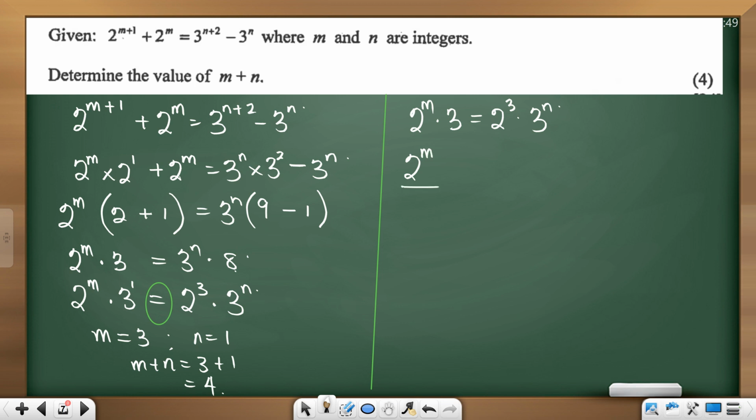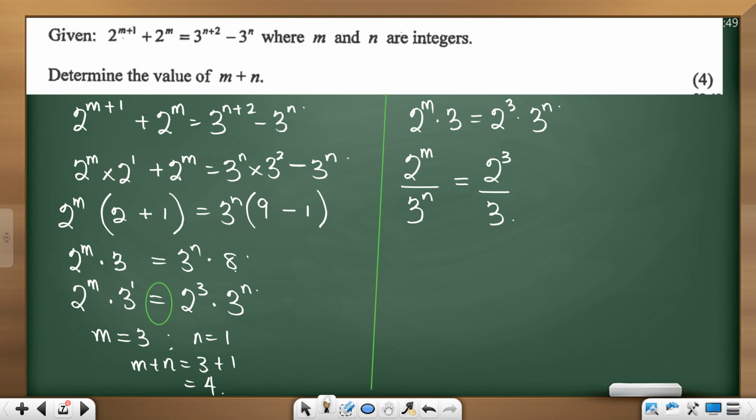Let us divide by 3 to the power n. 2 to the power m over 3 to the power n equals, I am bringing everything that has variables to one side. Then what do I have? 2 to the power 3. I'm dividing by 3. Check.